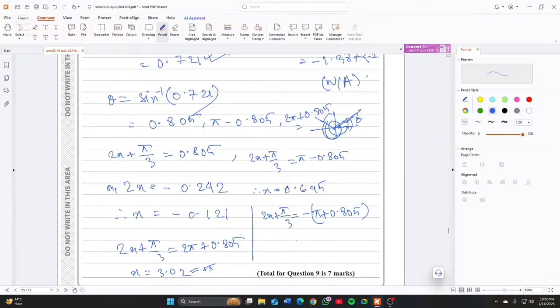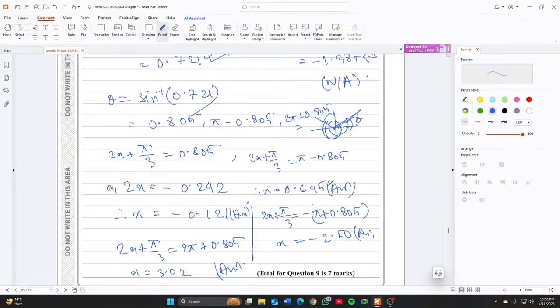So for this, the x value would be minus 2.50, and so these are the 4 required values. This is an answer, this one is another answer, this one as well, and this one. Okay, we have 4 values in the range from negative pi to pi.